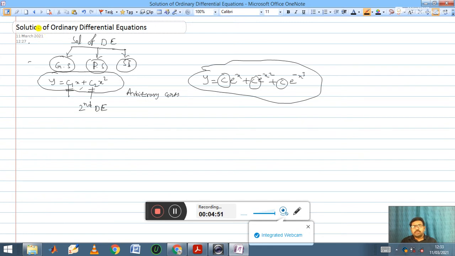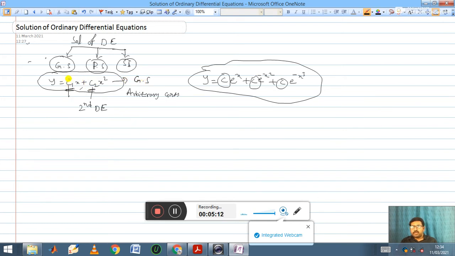Then you go to the next one, the second one, particular solution. Focus on the first example I had taken, y equals c1 x plus c2 x square. It consists of two arbitrary constants c1 and c2, and this is usually called the general solution.